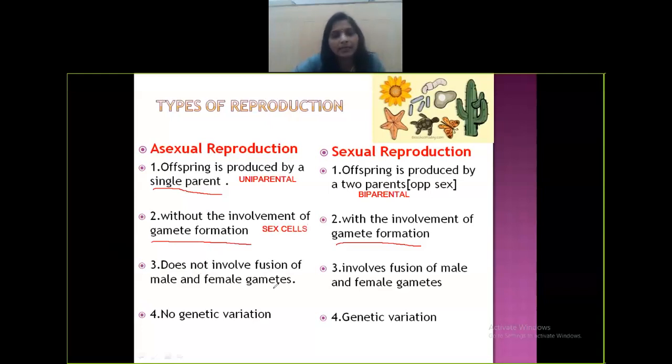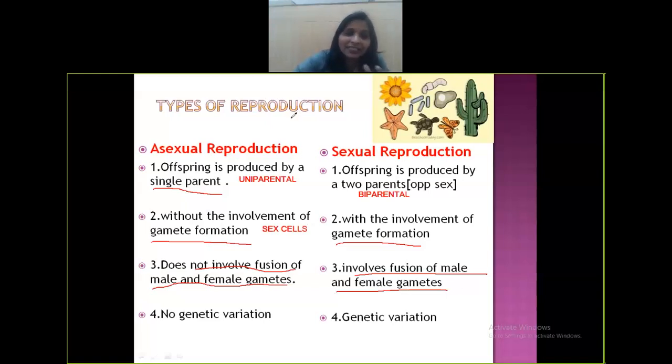In lower organisms, you cannot even identify whether it is a male or a female. So where's the point of identifying the male gamete and female gamete? It does not involve the fusion of male and female gametes. Here, it involves the fusion of male and female gametes. Egg and sperm fuse to form a zygote. So you can clearly differentiate male and female gamete.